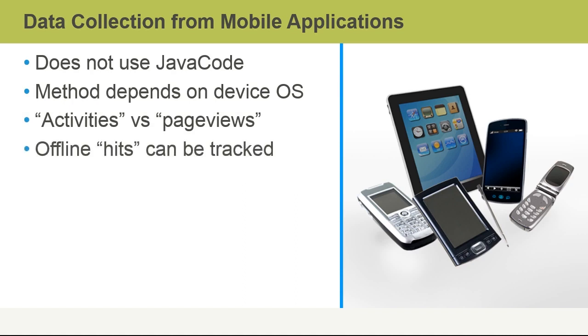Mobile apps track each activity that you perform as opposed to page views, and this means that you have to add extra code for each activity that you want to track in your app. Now, because mobile devices aren't always online, Google Analytics can store offline hits from the app as well, and then upload them to the Google Analytics servers once the device is connected to the internet once again.